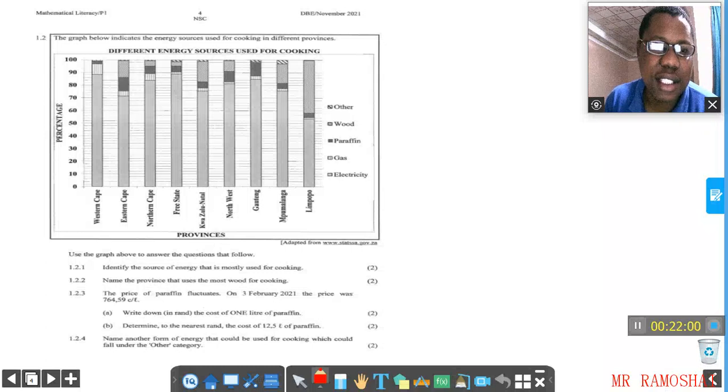Now here they say the graph below indicates the energy source used for cooking in different provinces, right? If you check here, you have the provinces, and here you have the different energy sources for this graph: electricity, gas, paraffin, wood, and other.